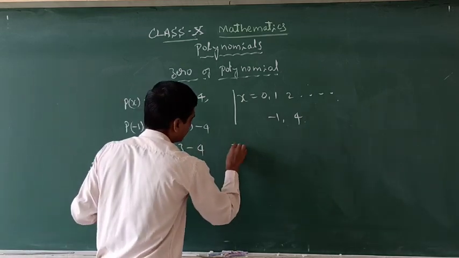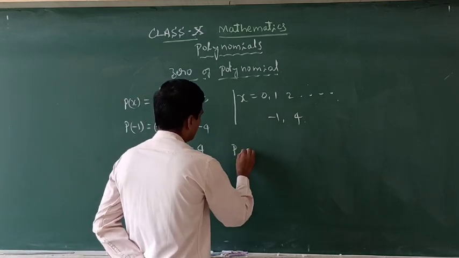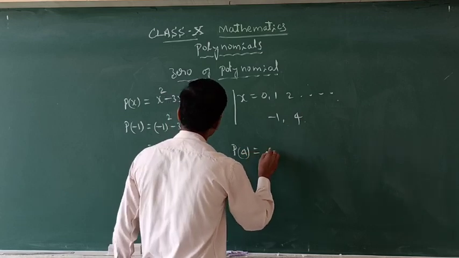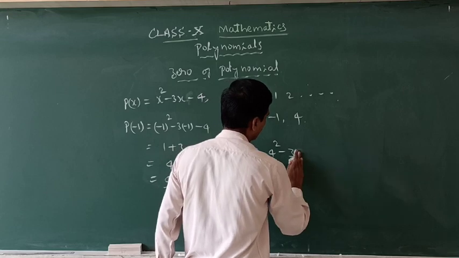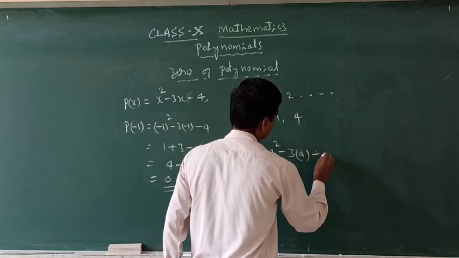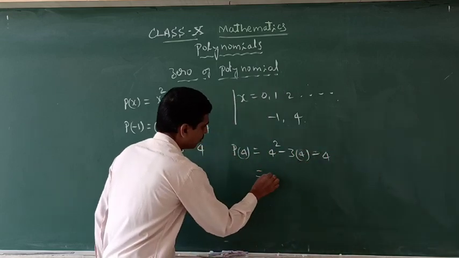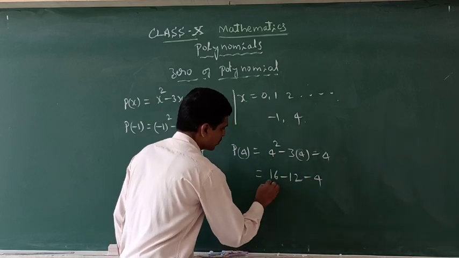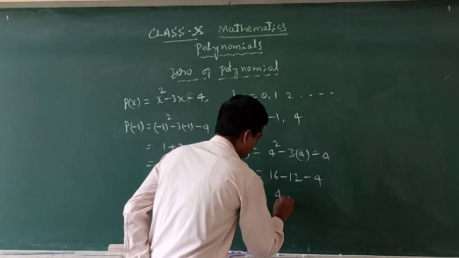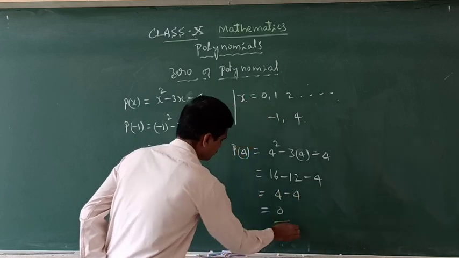Now take another value, that is P of 4. It is equal to 4 square minus 3 into 4 minus 4. Now 4 square means 16, minus 12, minus 4. So it is equal to 16 minus 12 is 4, minus 4. It is equal to 0.